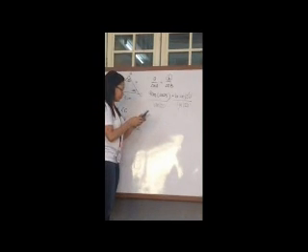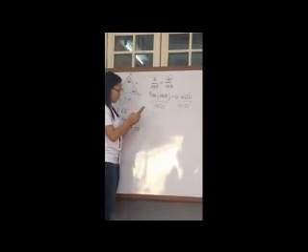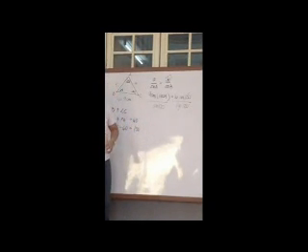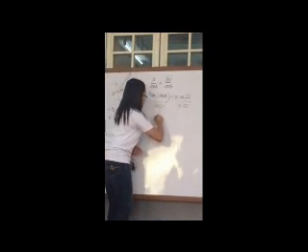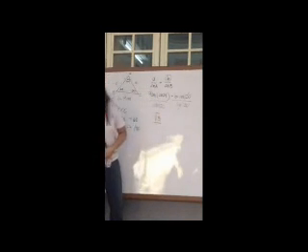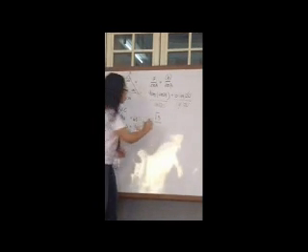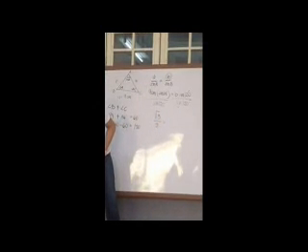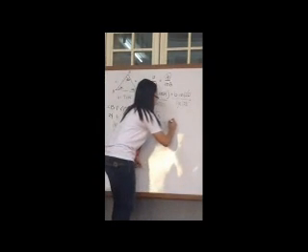So we have square root of 87 and square root of 3 over 2, or 0.87.